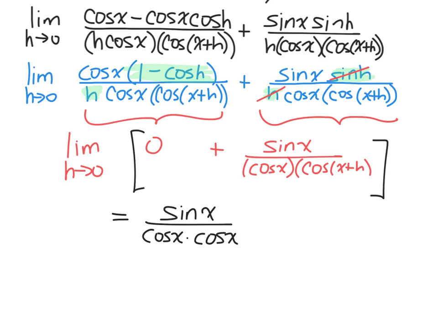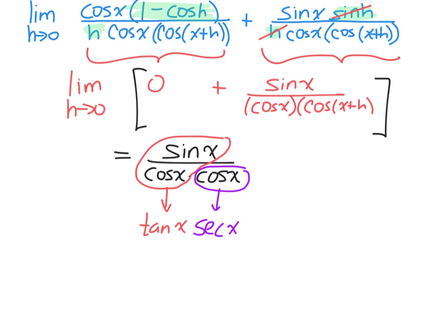You might be tempted to write it as cosine squared, but a simpler form would look like this. I can take the sine over cosine and make that into what? Tangent. I can take the cosine that's on the bottom here and make that what? Secant.